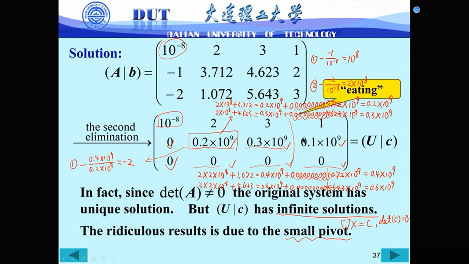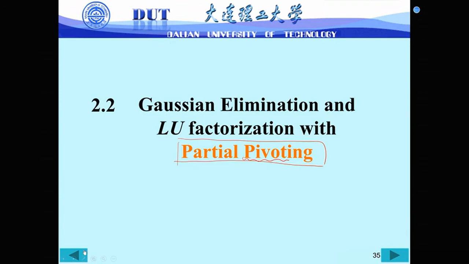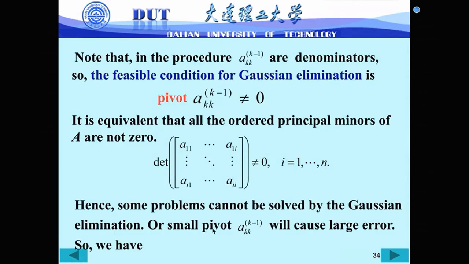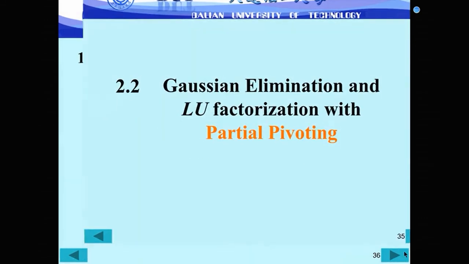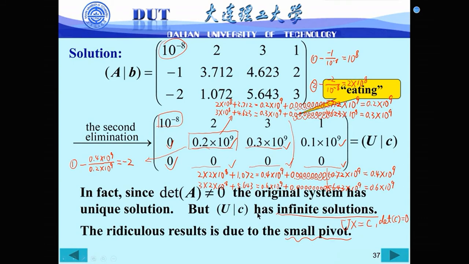So we need to avoid using a small number as the denominator. Small pivot will cause large error. Is that okay for you? I just showed you the example using a small pivot, and you see we obtain wrong results.